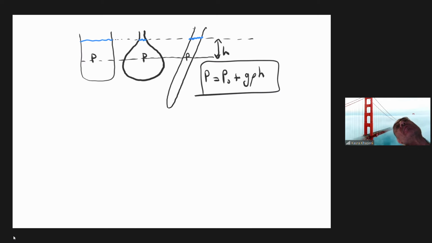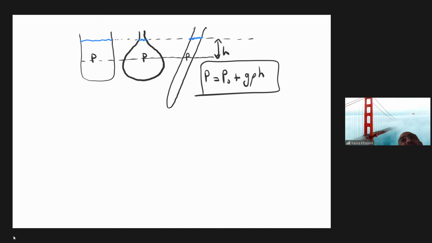Now, this thing is very useful, and people have used this equation to create clever pressure measuring devices, barometers and things like that. One way of creating a device that measures the pressure of the atmosphere for you, for example: sometimes you want to find out what the atmospheric pressure is in your room.